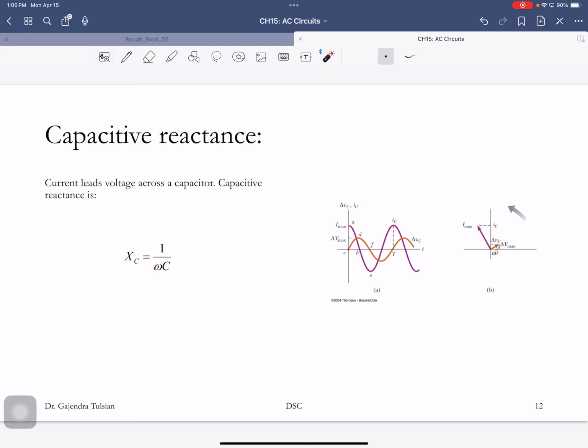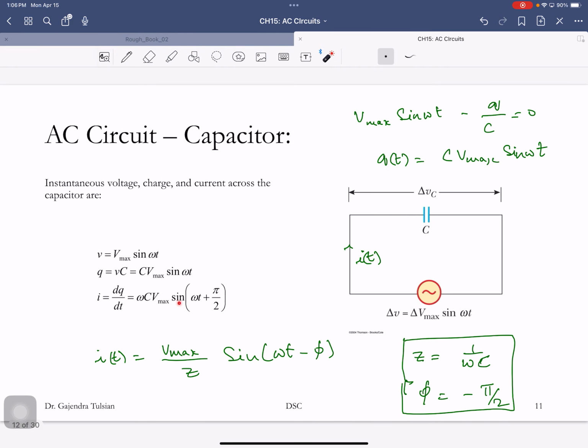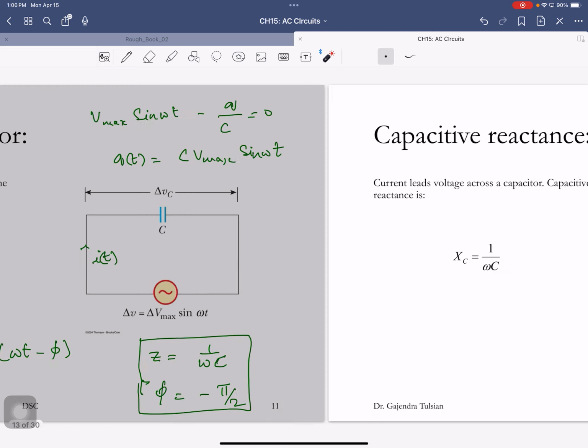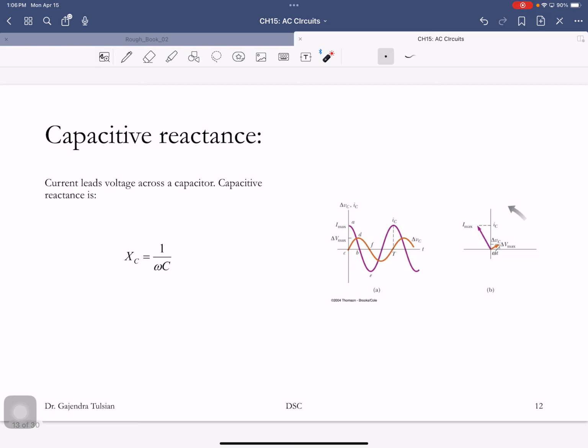So capacitive reactance decreases with frequency. And the current is 90 degrees ahead of the voltage phase. So the current is leading the voltage. The current is 90 degrees ahead of the voltage phasor, and they're rotating counterclockwise.